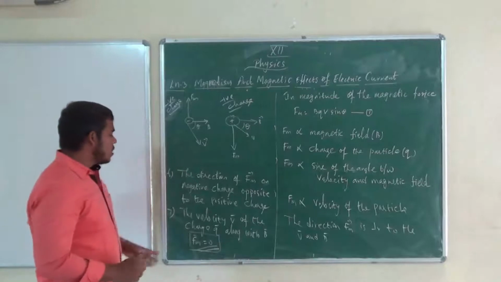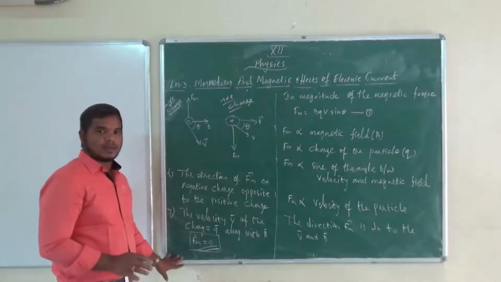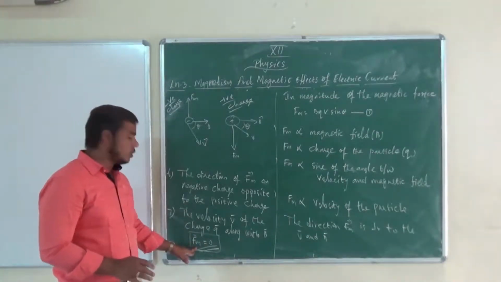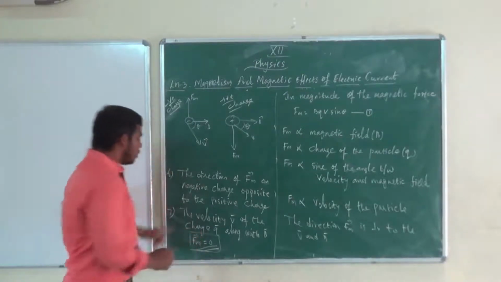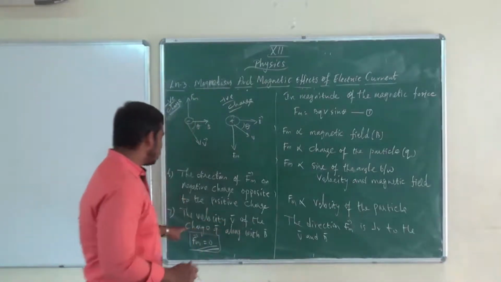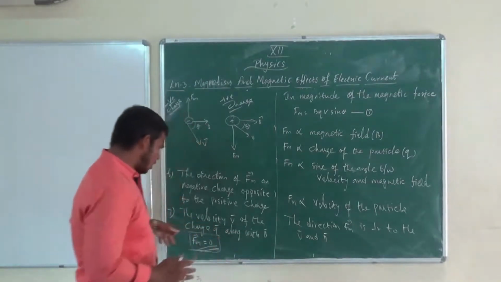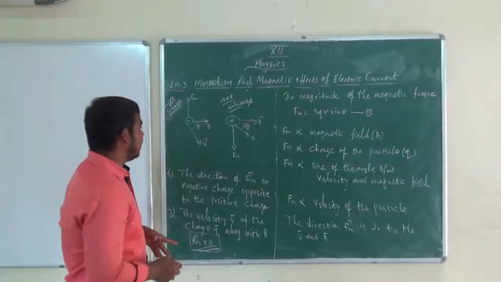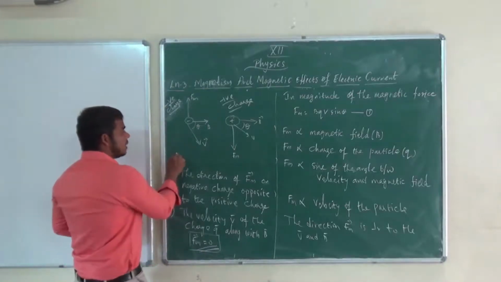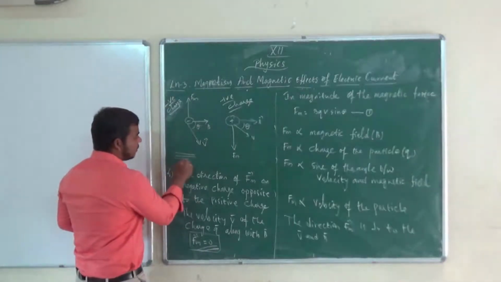That means the force does not do any work. So the velocity v of the charge Q is along the magnetic field. Along the magnetic field means, see, this is the magnetic field.